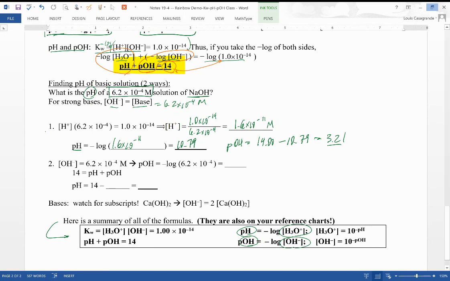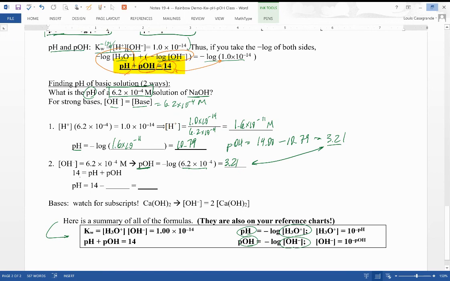The second way of doing it, rather than going to the hydrogen ion concentration first, is to calculate the pOH first. Now this should be consistent. If you do this calculation, the negative log of 6.2 times 10 to the minus 4, you will get 3.21. So it's a different way of getting the same number.